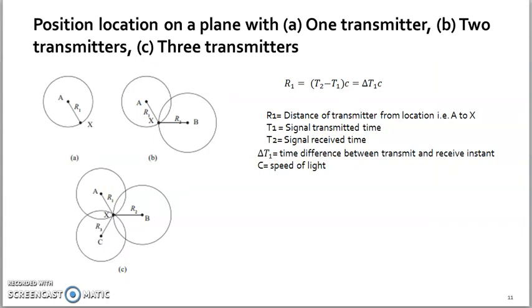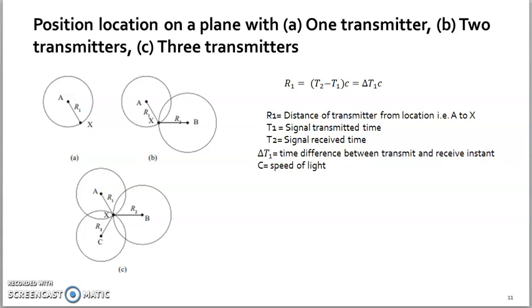Now, in a navigation system we need to find out the position of a location, wherever we have received the signal from the transmitter.